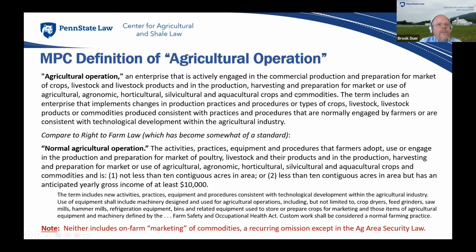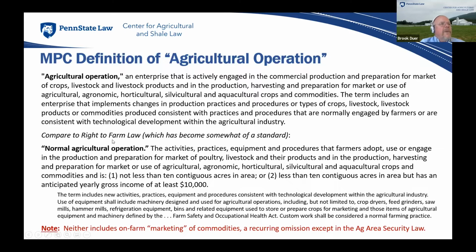All right. The MPC definition of what is an agricultural operation is notable simply because it is not, in fact, the exact definition that we've all come to know from the right to farm law, which of course has then been picked up by the ACRE statute here in Pennsylvania.